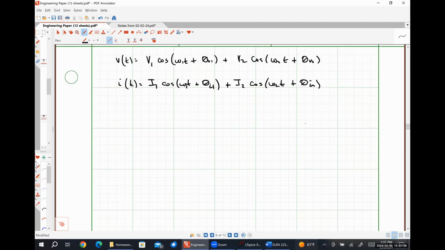So my instantaneous power is going to look like 1/2 V1 I1 cosine theta V1 minus theta I1 plus 1/2 V1 I1 cosine 2 omega 1t plus theta V1 plus theta I1.